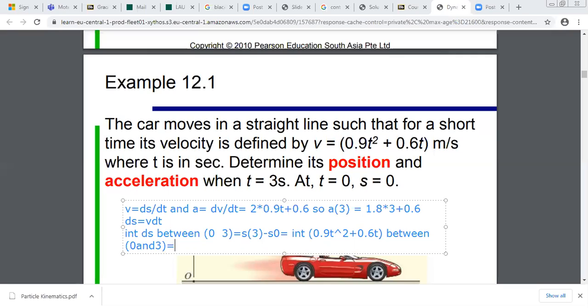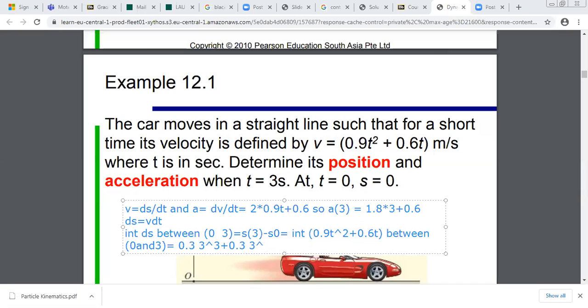Okay? So if you do the integration, what do you obtain? If I integrate this function, it is 0.9 over 3 t cubed, so it's 0.3t cubed. And of course, since you are integrating directly between 0 and 3, you just replace t here by 3, plus 0.6t squared over 2, which is 0.3t squared, and directly I replace t by 3, so 3 squared.